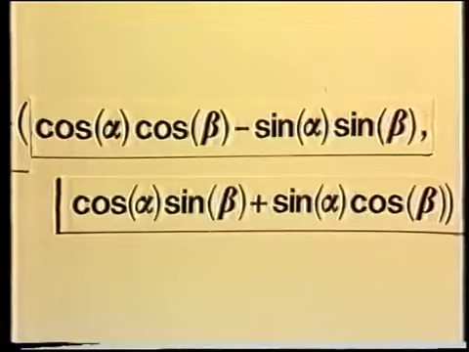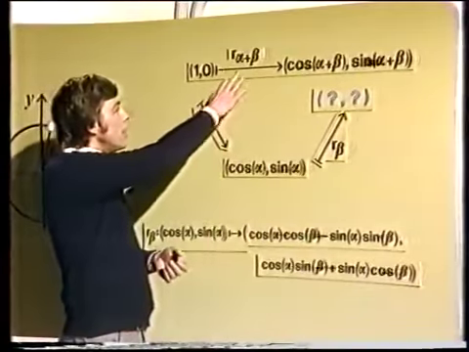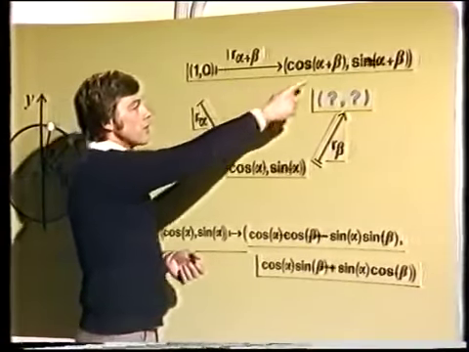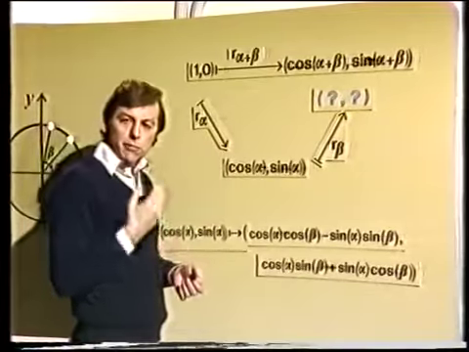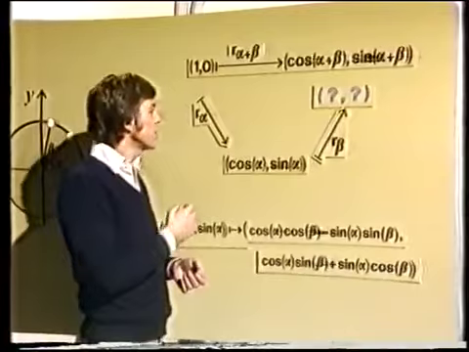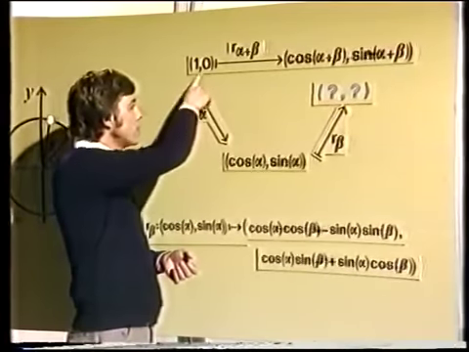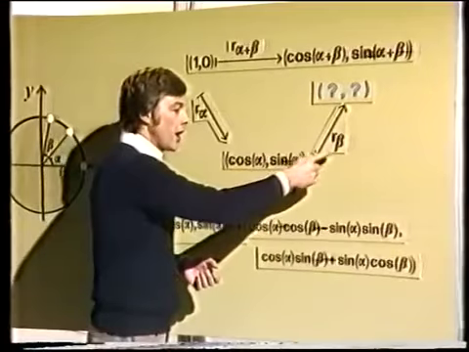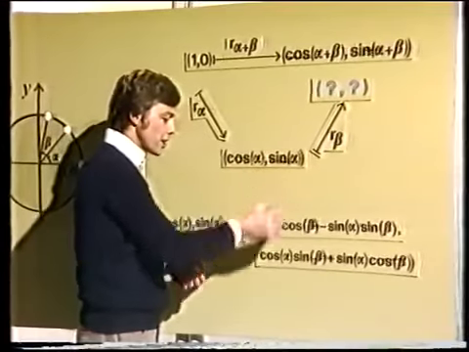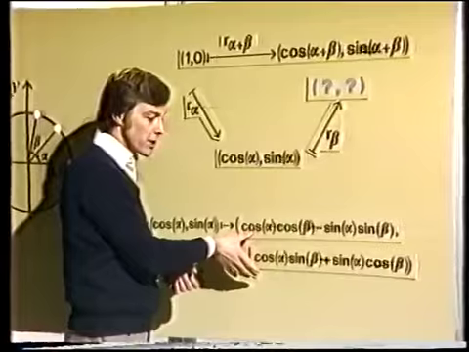So let's collect our thoughts. The rotation r alpha plus beta takes (1, 0) to (cos of alpha plus beta, sine of alpha plus beta). But if we look at it as two successive rotations, then we see that r alpha takes (1, 0) to (cos alpha, sine alpha), and now we've seen that r beta takes that point to the point with these coordinates.